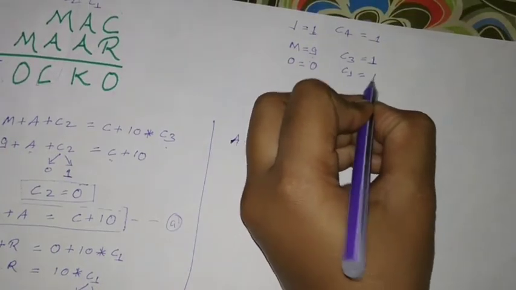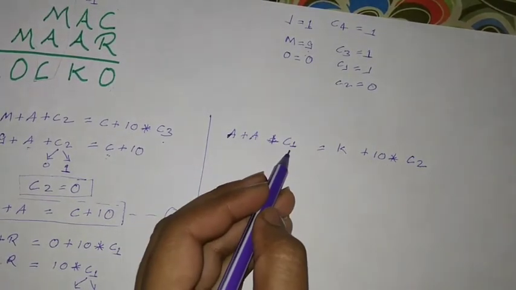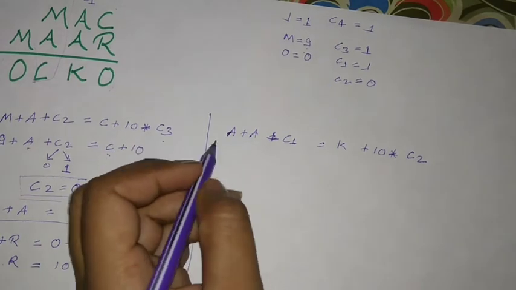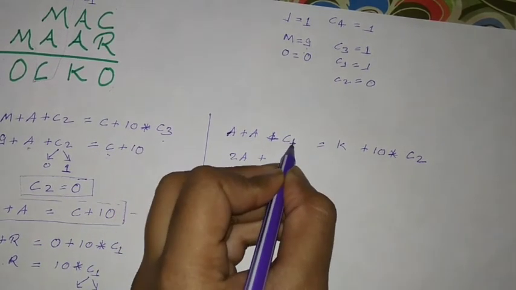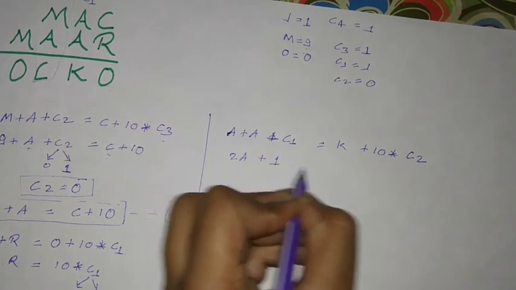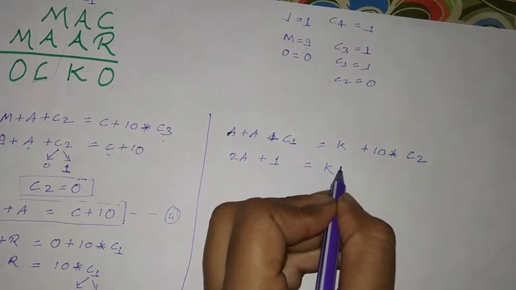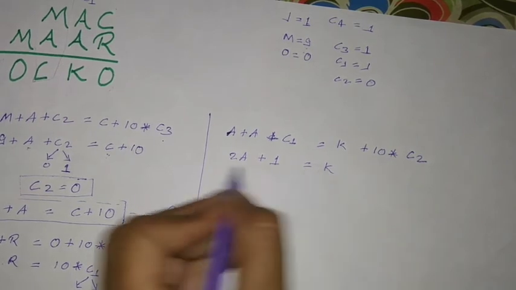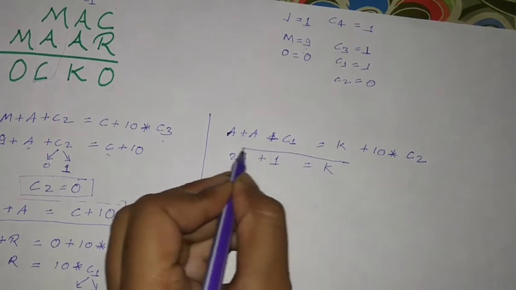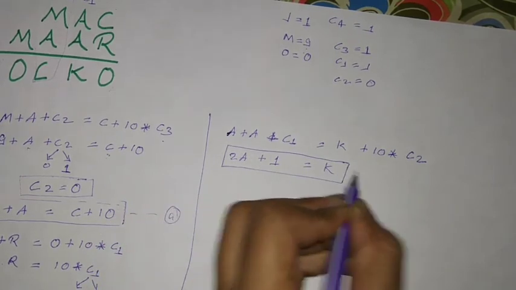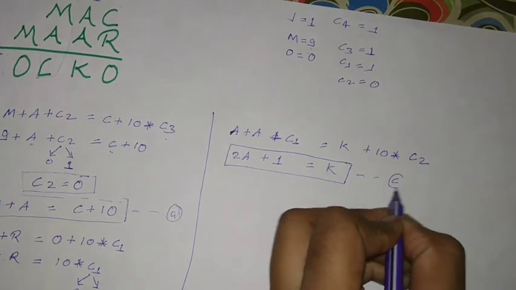So we write the values of C1 and C2, and we get 2A plus 1 equal to K plus 0. We assume this final equation as equation C.